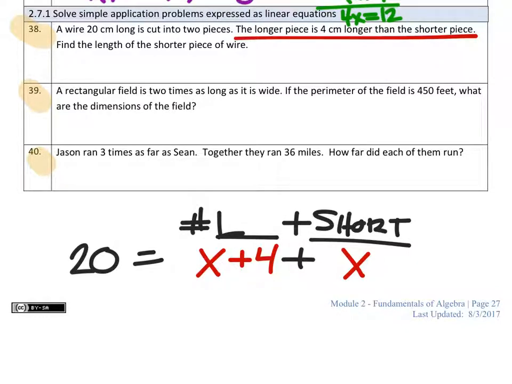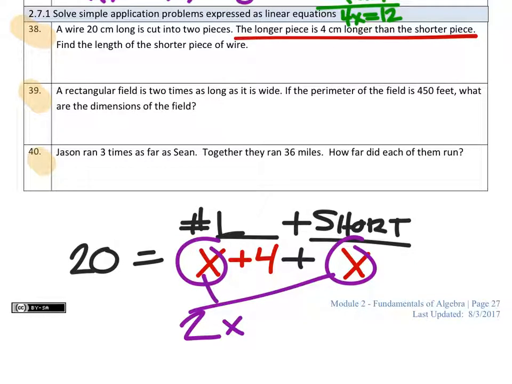Now yours could be set up different. You can have x plus 4, it doesn't matter. Of course, we're solving for the short piece, which is x, so once we solve this, we're good. So let's combine these 2 like terms. If I took those 2 x's, then that's what I have, 2 x's. And this would be plus 4 equals 20.